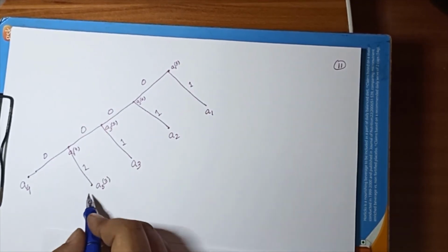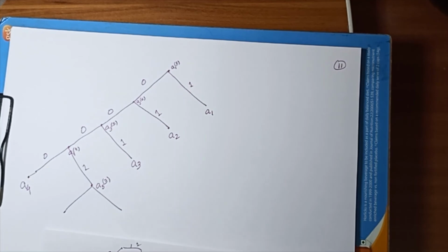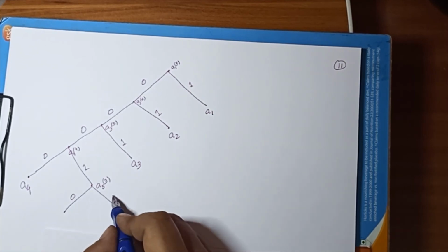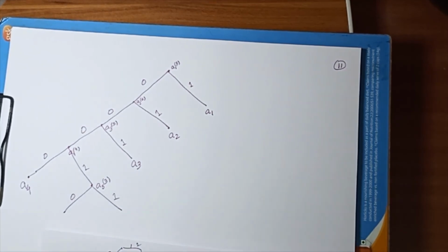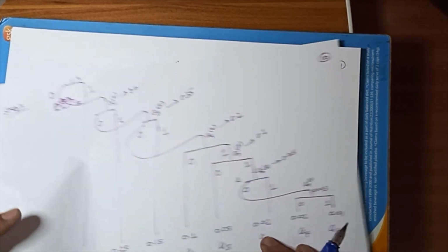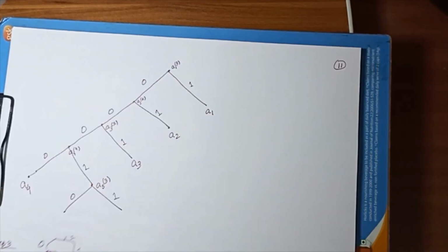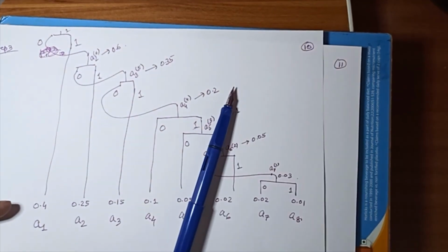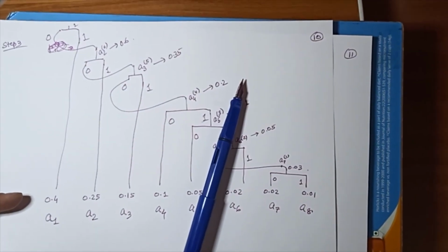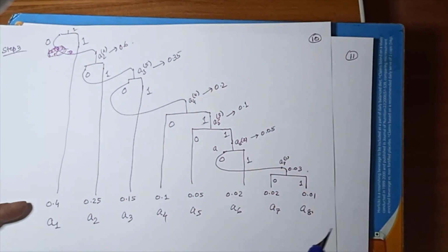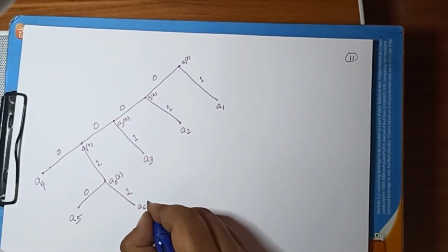A53 again partitions into 2, 0 and 1. 0 goes to A5 and 1 goes to A62. This is A62.